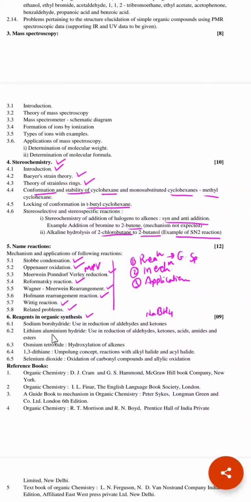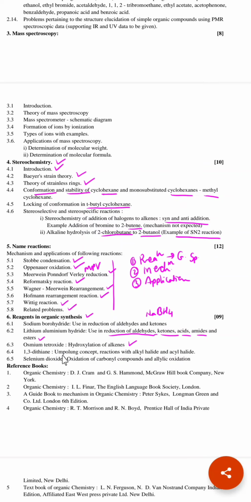Then lithium aluminum hydride and its specific use in reduction of aldehyde, ketone, acid, and esters. Then osmium tetroxide and how it is used for hydroxylation of alkenes.